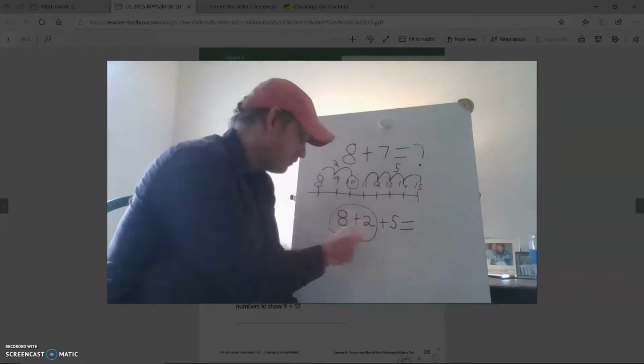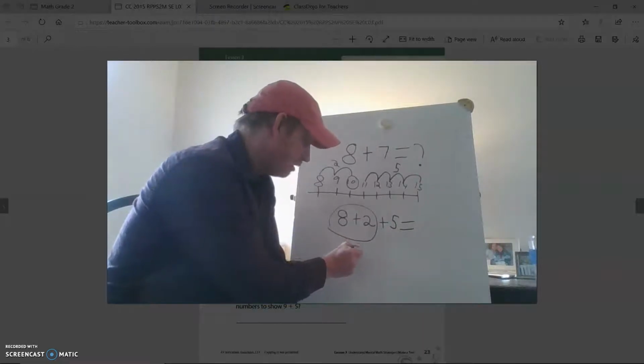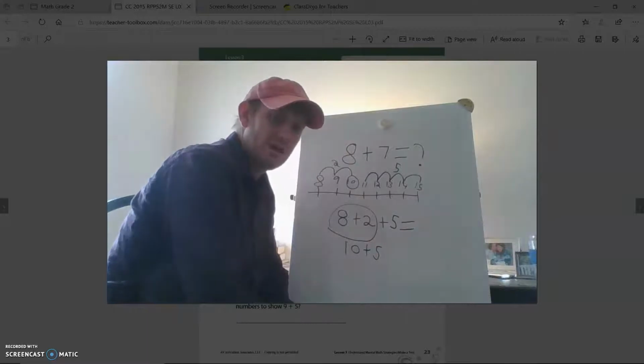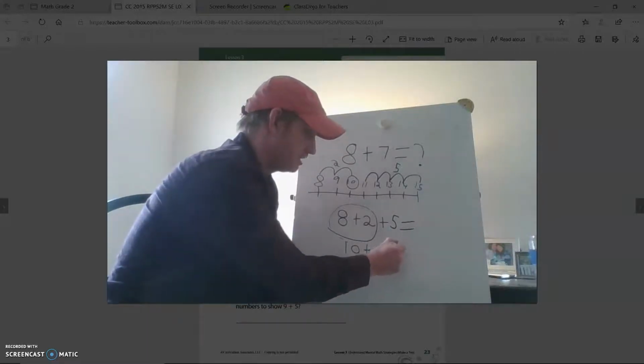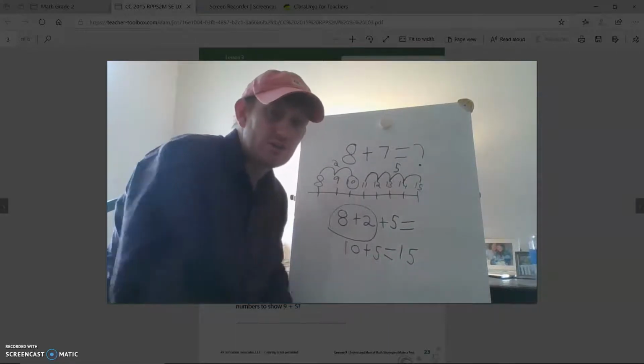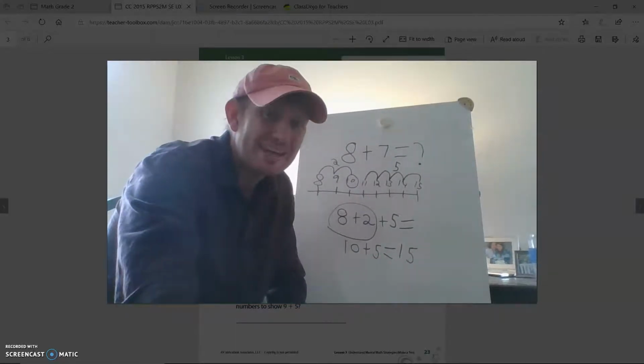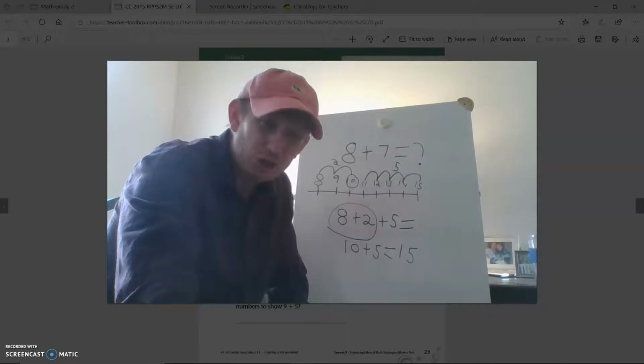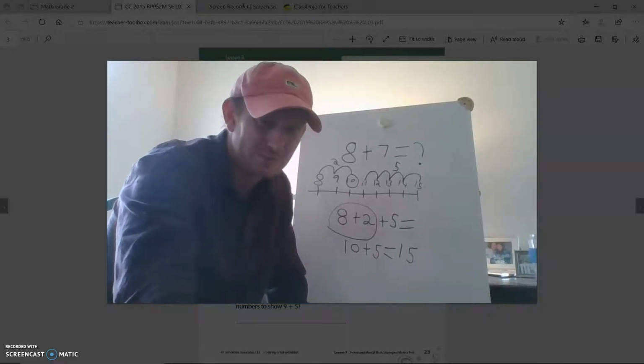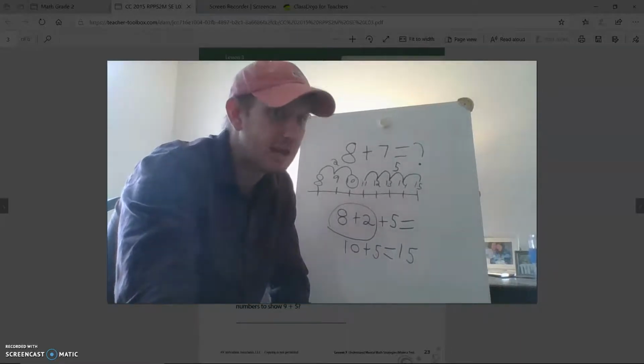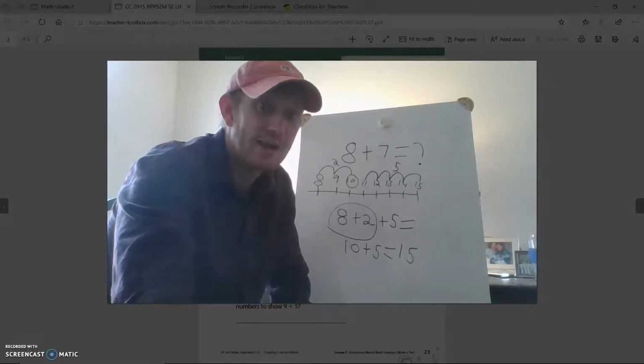So 8 plus 2 plus 5 is the same as 10 plus 5. And 10 plus 5 is 15. So you see, we were able to use making 10 to turn a problem that could be hard, 8 plus 7, into something that we could really manage pretty easily, 10 plus 5.